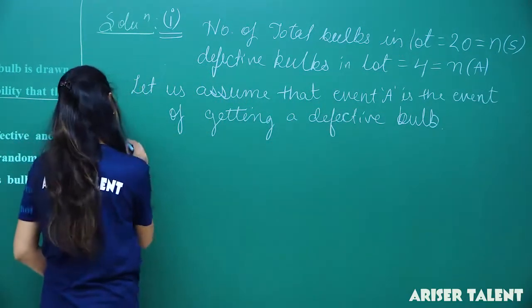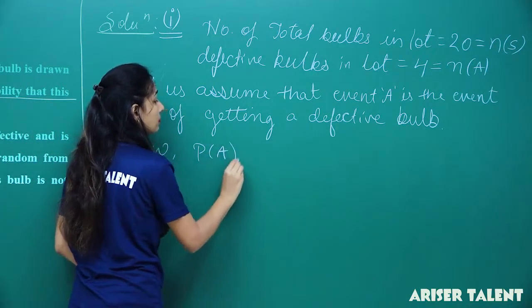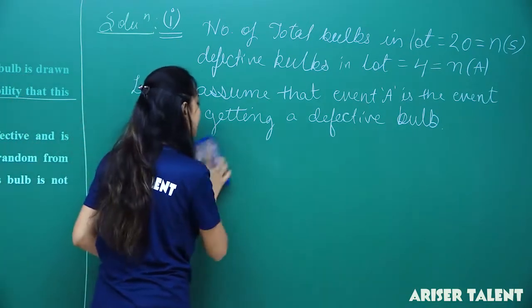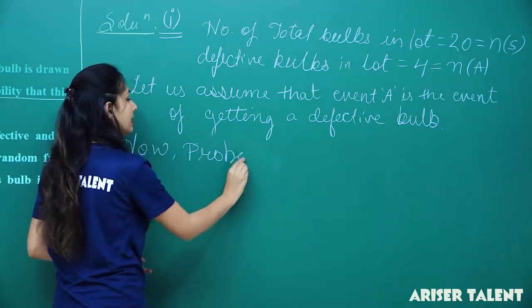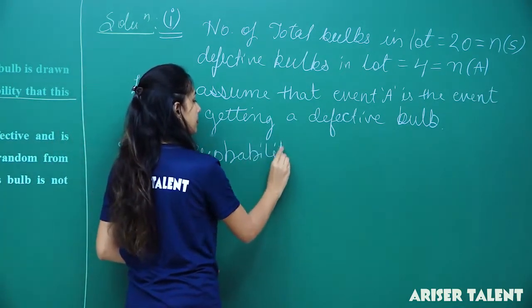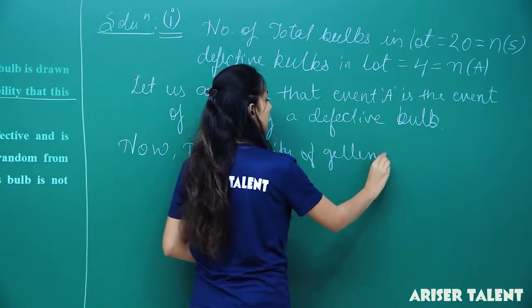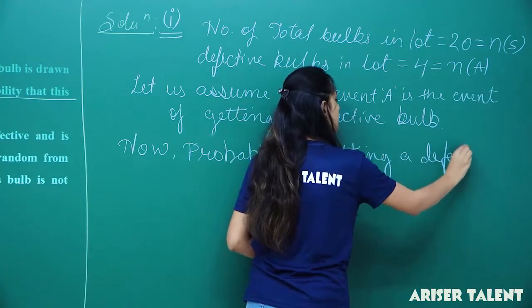Now P(A), or what else can we say, the probability of getting a defective bulb, a defective one, which one students?